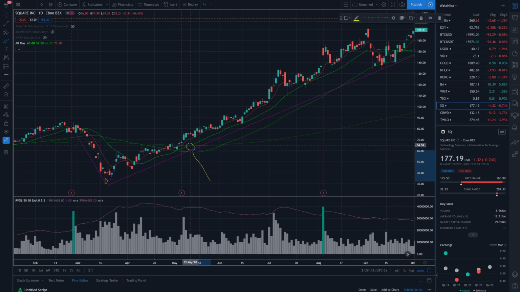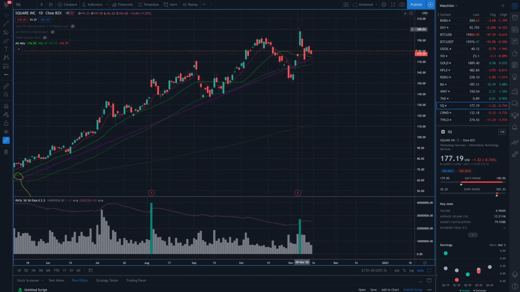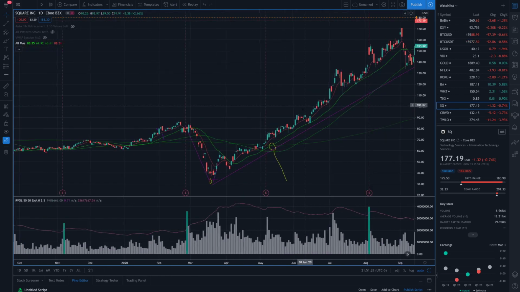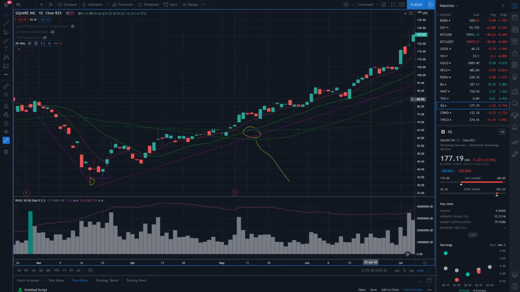Buying at a price of about $73, you could have ridden your way all the way up to $200. And that would have made you a lot of money. And so that's how you can use the 20-day, the 50-day, and the 200.